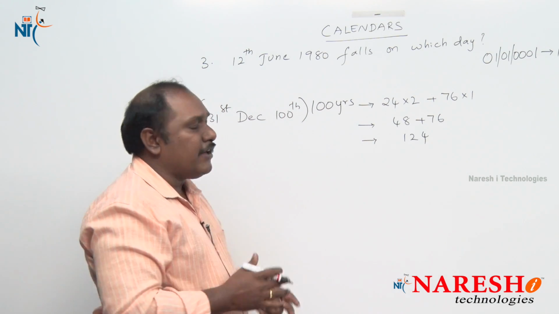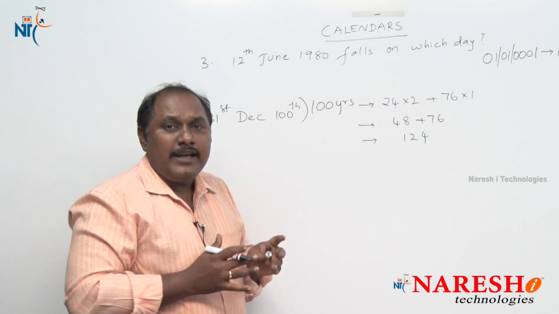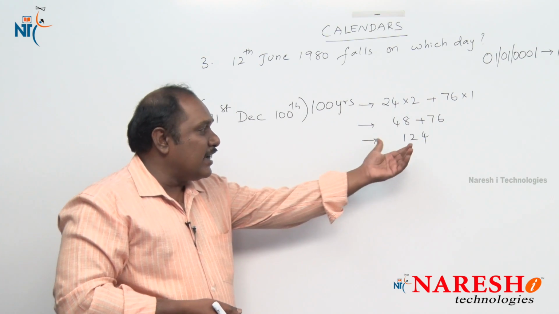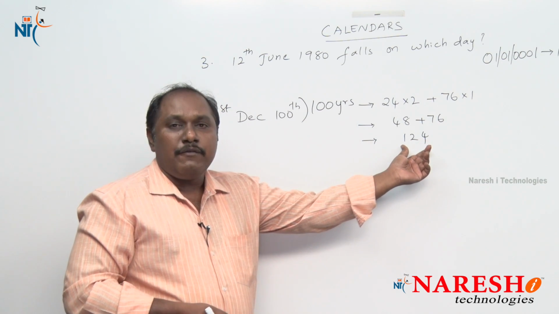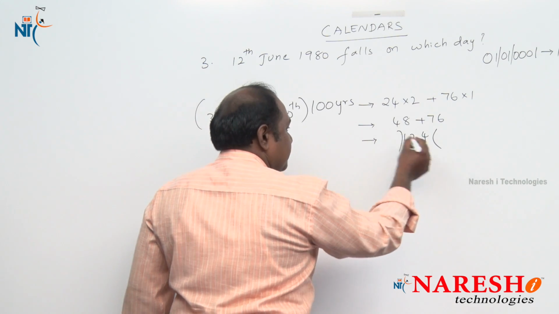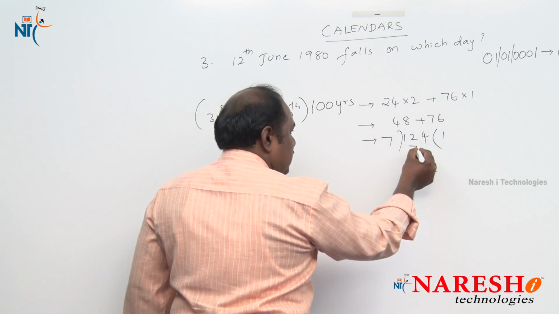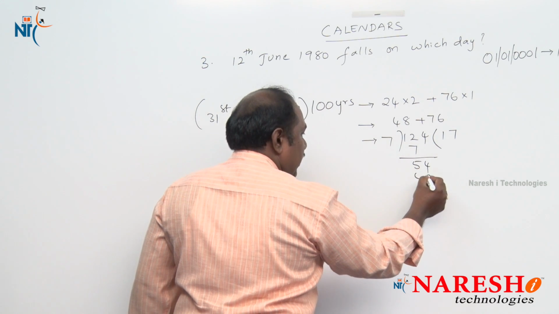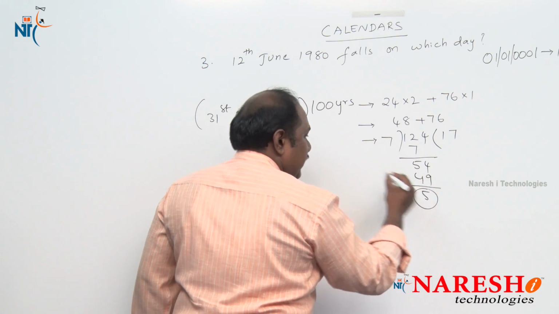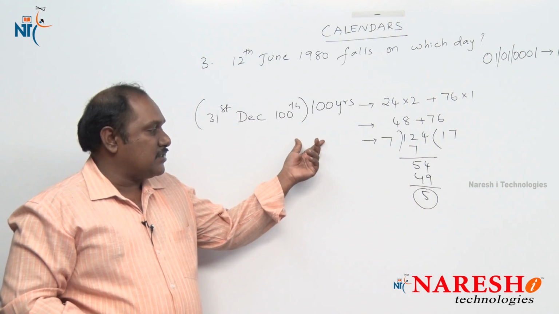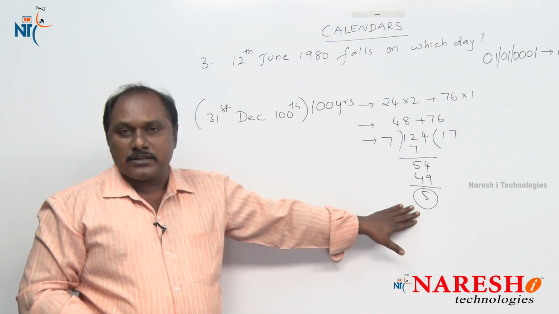But according to the definition, odd days are the days which cannot be converted into weeks, and clearly I can convert 124 days into weeks just by dividing by 7. 7 1s are 7, 7 7s are 49, remainder is 5. So in the first 100 years, we have 5 odd days.